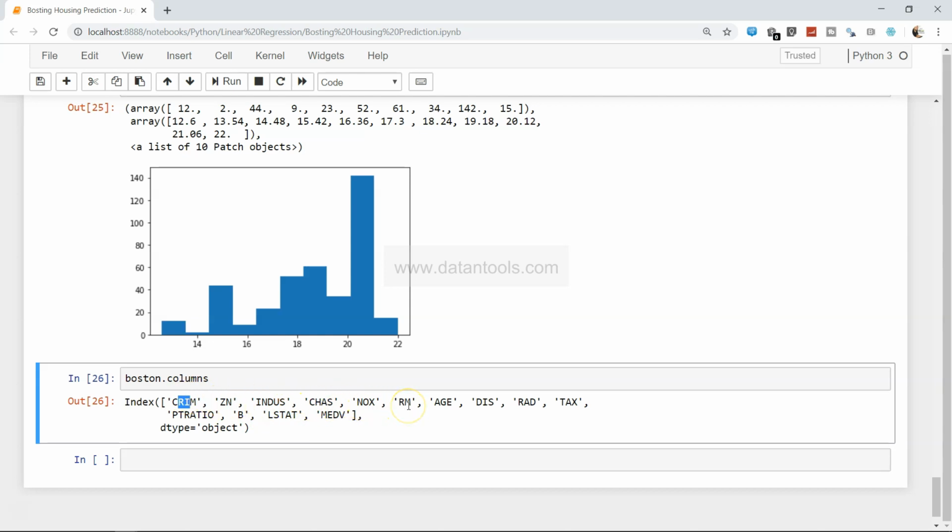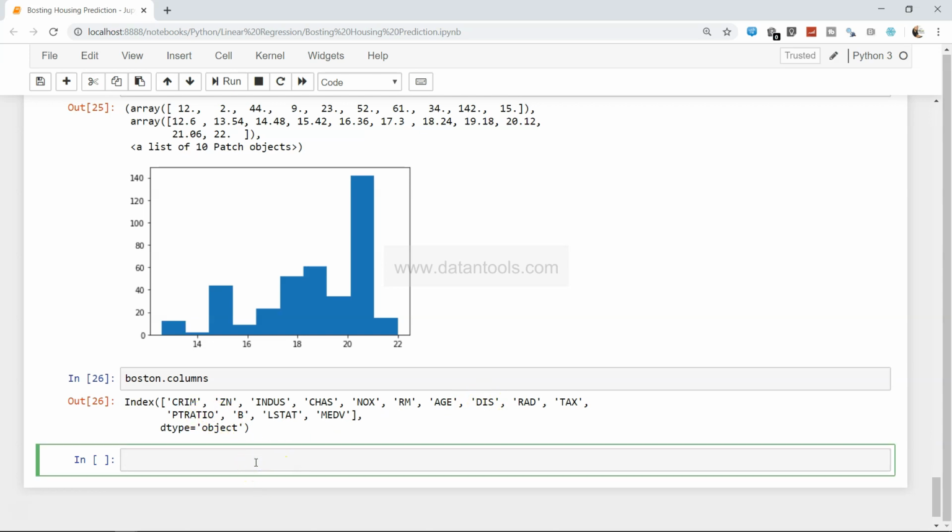We have seen 5, fifth column, then we have seen DIS column, and then PT ratio, and so on and so forth. So what I'll do is I will create the Boston underscore selected underscore var underscore df, right?